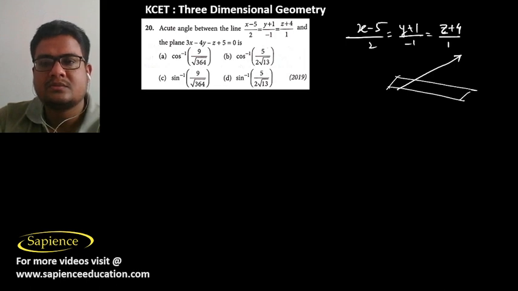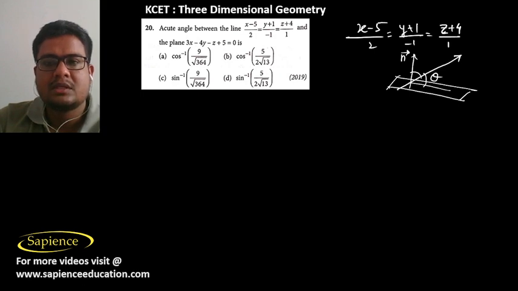So the normal vector to the plane is the n vector. If the acute angle in between the line and the plane is theta, the angle in between the normal vector to the plane and the line would be 90 minus theta. So this is, suppose, the b vector.